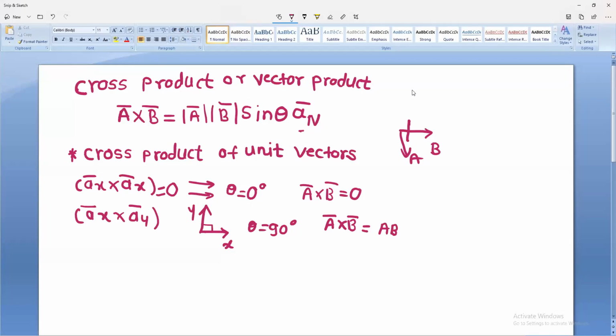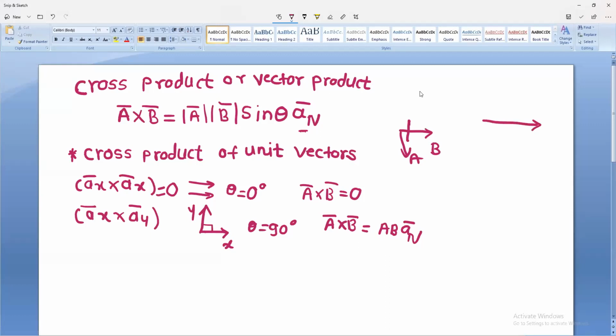Okay, only magnitude. But now in this formula, just see here. Here we are multiplying by unit vector, normal unit vector also. Now normal unit vector is also considered here. So how we can find the normal unit vector in x and y plane?